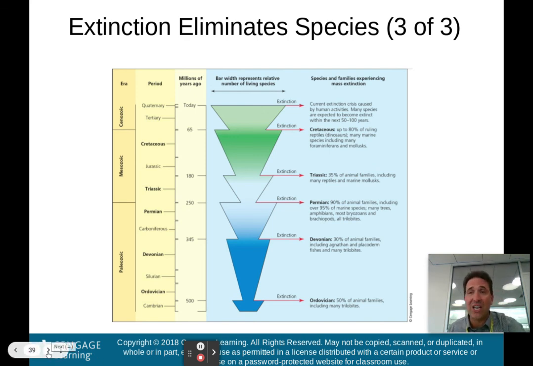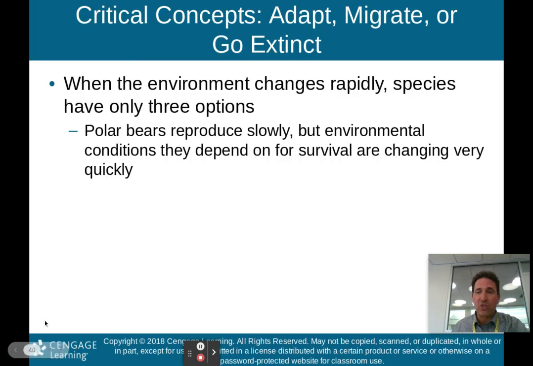Again, if we don't change what we're doing to the environment, because we're changing the environment so fast that species aren't able to adapt through natural selection, and therefore they're just becoming extinct. So that's one of the reasons why we have this course. One of the reasons we have this course is we're trying to understand that so that we can stop it. Okay, we need to stop this 6th mass extinction that we as human beings are creating.